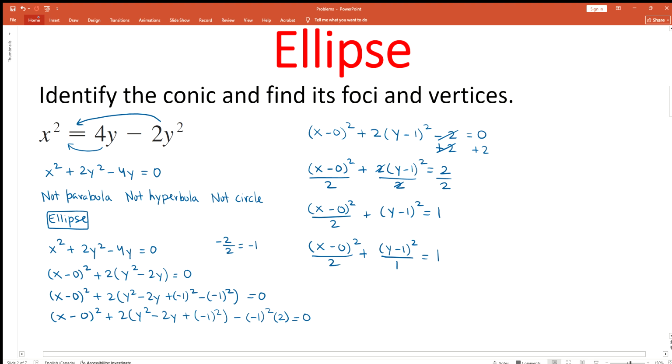As we can see in this equation, the number in the denominator of the x fraction is 2. The number in the denominator of the y fraction is 1. Since the denominator of the x fraction is greater than the denominator of the y fraction, that means this ellipse is wider than taller.